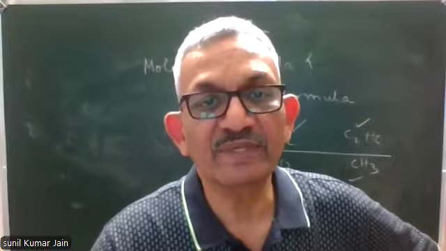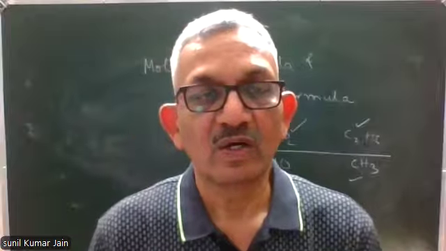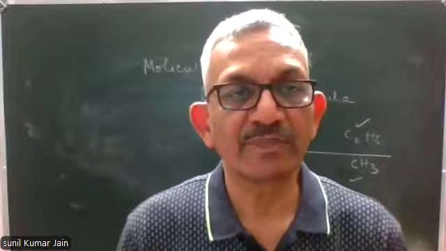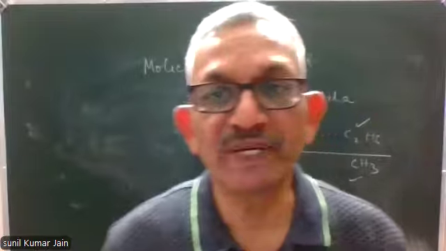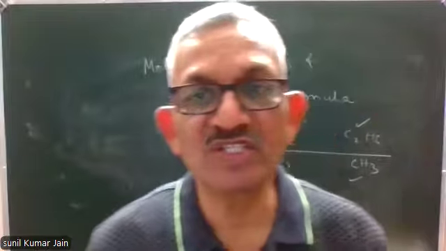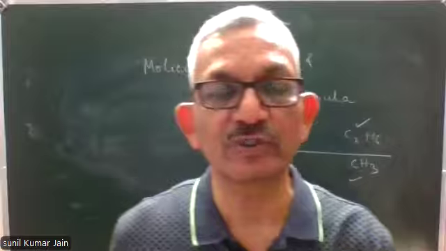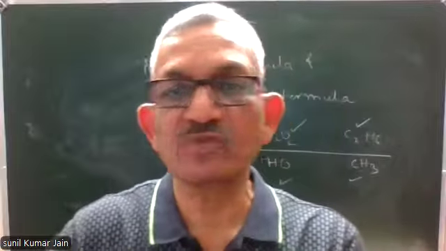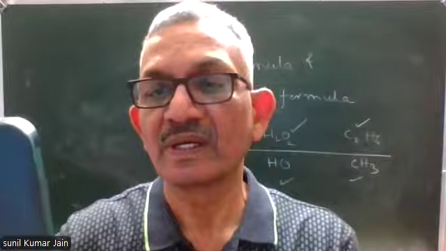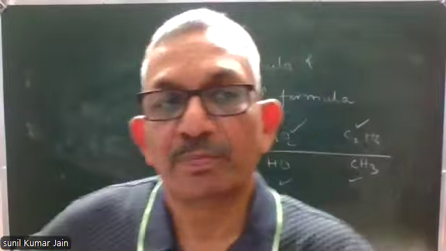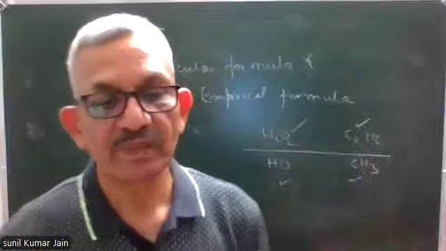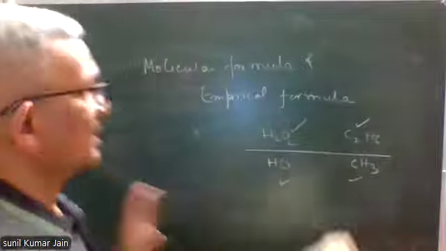Second definition, empirical formula, EF, of a compound, represents the simplest whole number ratio between atoms of different elements present in one molecule of the compound.